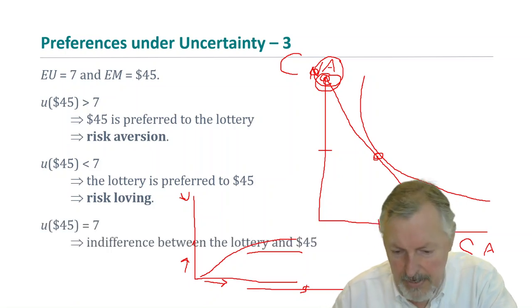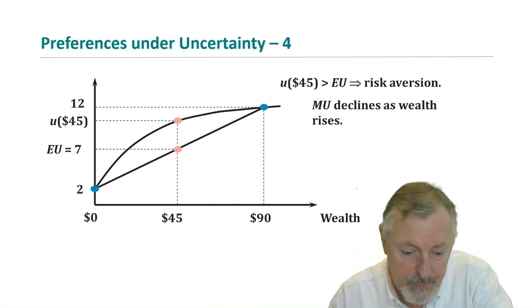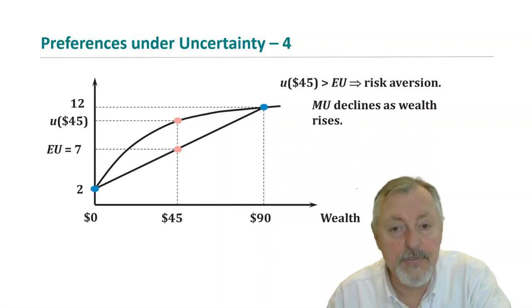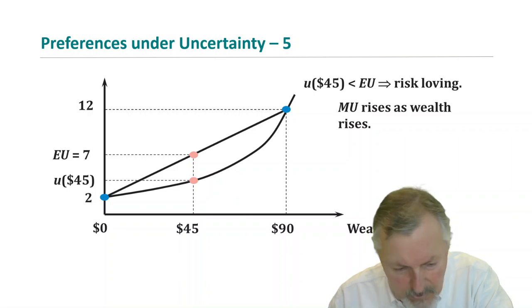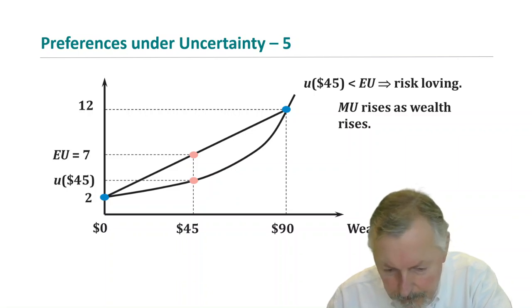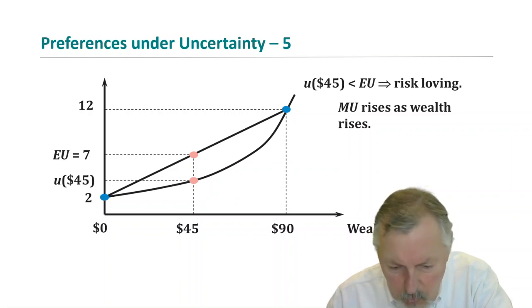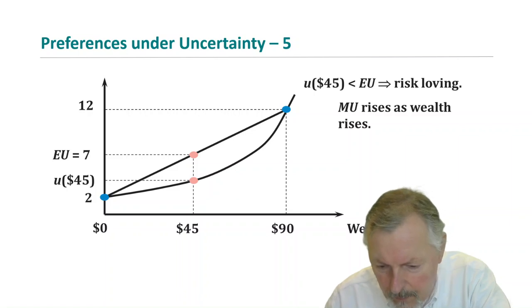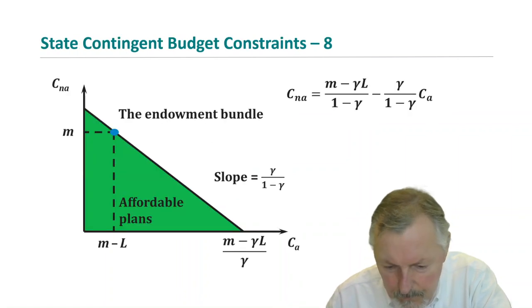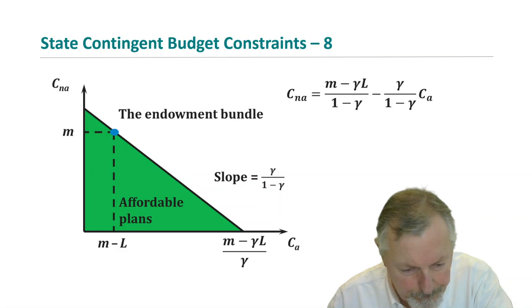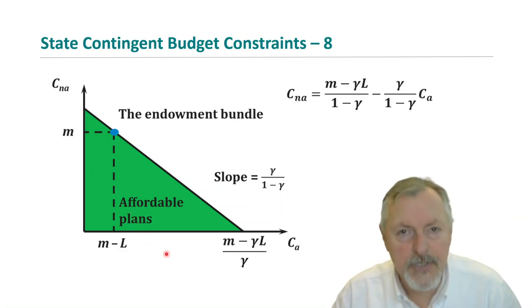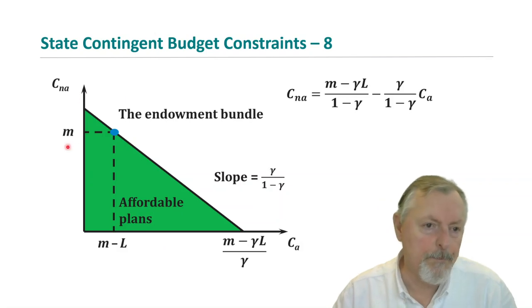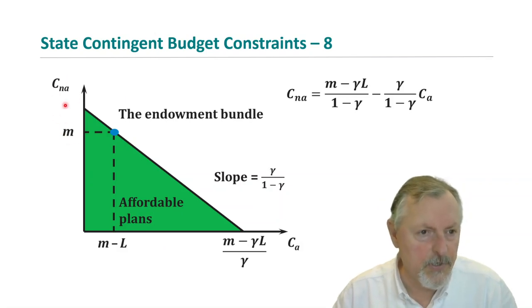Let's see, next. Oh, here it is graphically, what I just described to you. Okay, this looks just like something from 2-3 chapters ago, except now it's consumption in this state of the world, consumption of that state of the world.